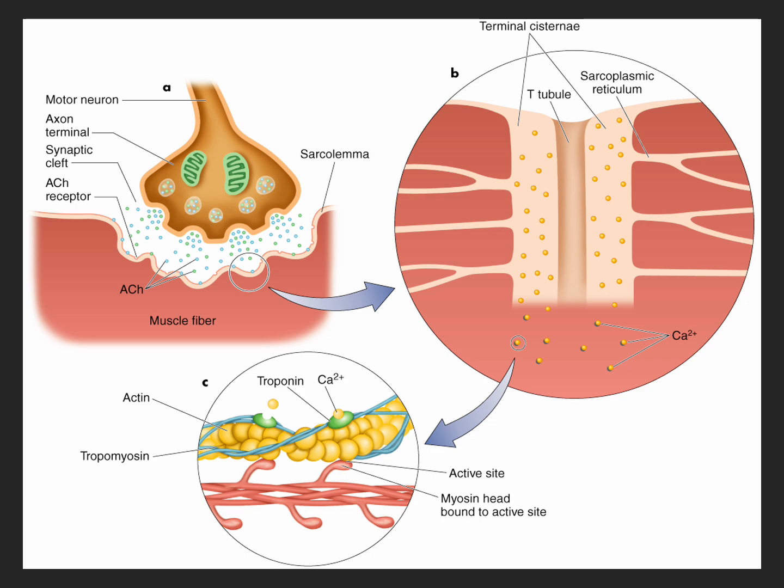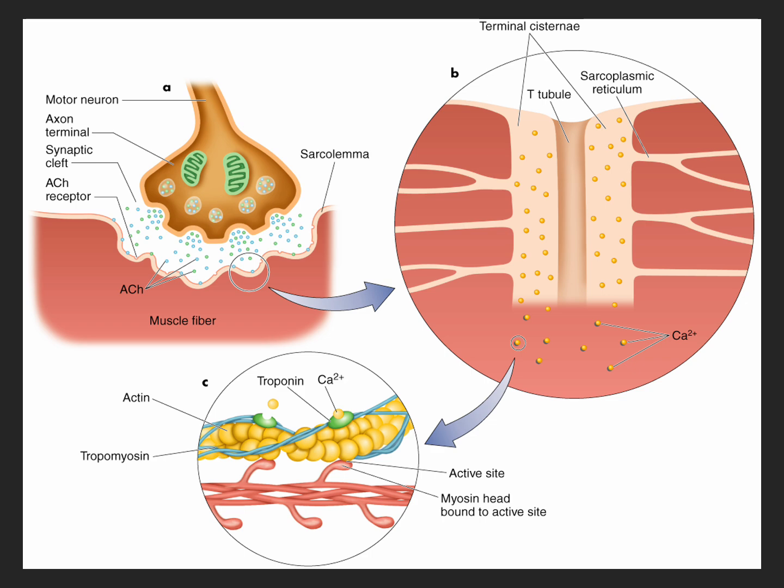So let's review. The discharge of an action potential from the motor neuron signals the release of acetylcholine from the motor neuron terminal, crossing the neuromuscular junction and binding onto the motor end plate on the muscle. Once acetylcholine binds to the motor end plate, it causes a depolarization of the muscle. The action potential goes along the muscle, then into the T-tubules to enter the interior of the muscle, causing a voltage change at the sarcoplasmic reticulum, allowing calcium to be released.